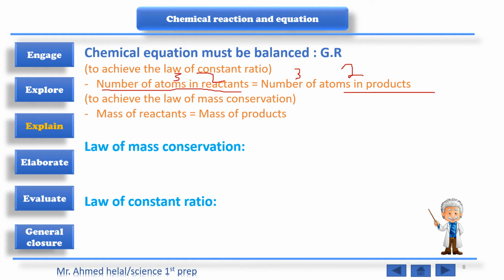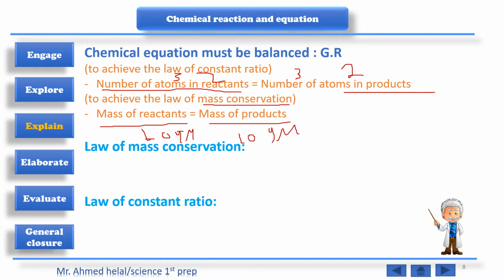And the second, to achieve the law of mass conservation. The law of mass conservation means that the mass of reactants must be equal to the mass of products. Here, if the mass of reactants equals 10 grams, for example, here the mass of products must be 10 grams.